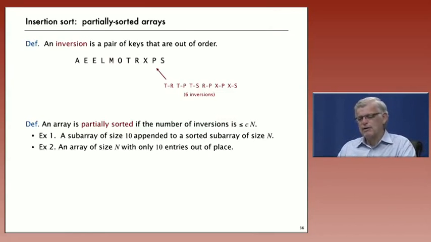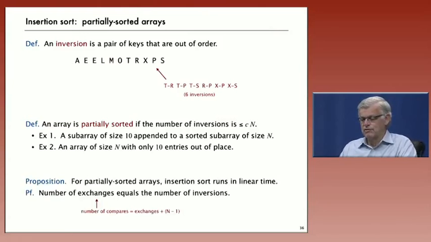And partially sorted arrays appear often in practice. For example, if you have a large array that's sorted except for just a few unsorted elements appended at the end, it's going to be partially sorted. Or another case is if you only have a few entries out of place, the array is going to be partially sorted. These types of things arise often in practical applications.